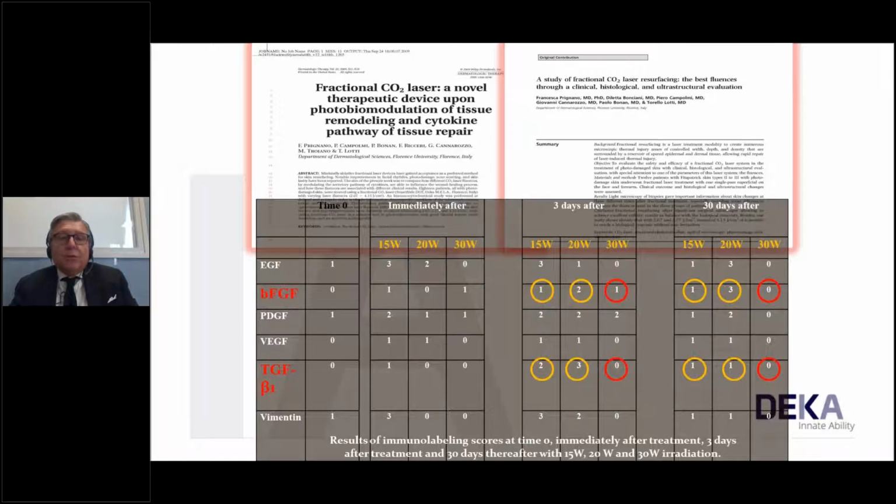You see, there is a movement only with the lower parameters. What does it mean? That when we use the fractional scanner, we have to use not the stronger parameters, but the proper combination of parameters in the right way, in the protocol that we get normally in our experience and we share with you now, but even in Deka Academy that we have done up to now.